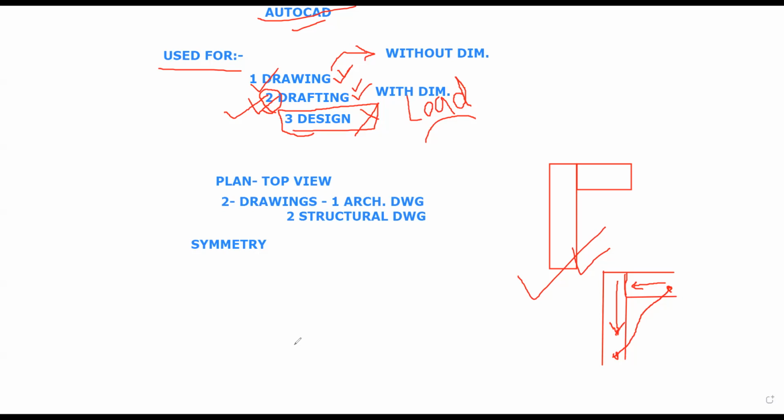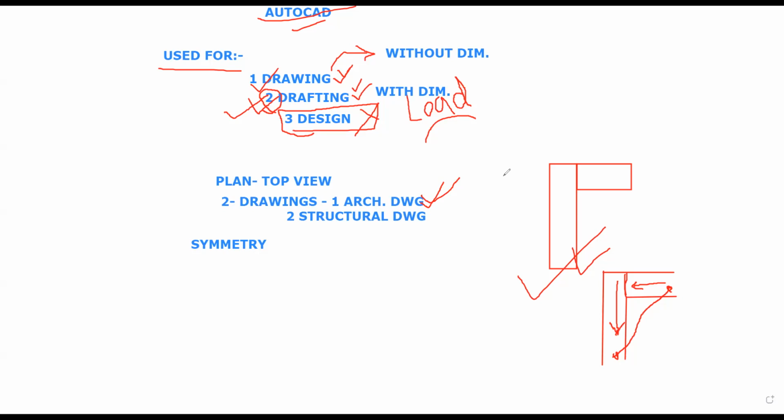Once you're done with it, Sir, can I ask one thing? Sure, please. Sir, in AutoCAD, we can also make sections and elevations, right? Yeah, that is a part of structural and architectural drawing. You have told about only the plan, the top view, so I was thinking about sections and elevations. Yeah, I told you about the electrical plans and those things; that is also made in AutoCAD.